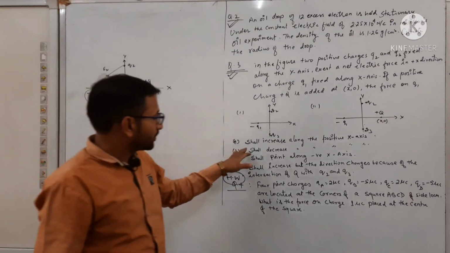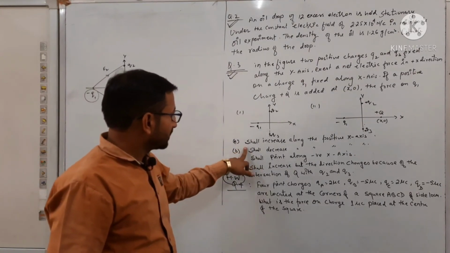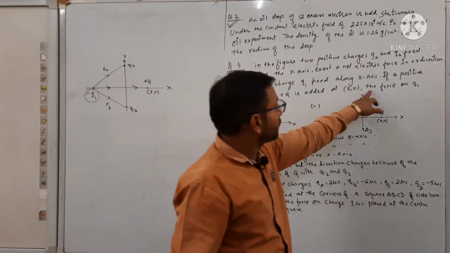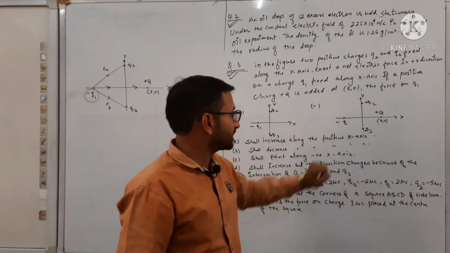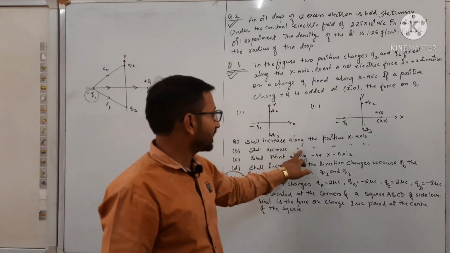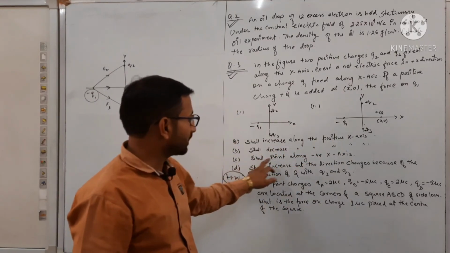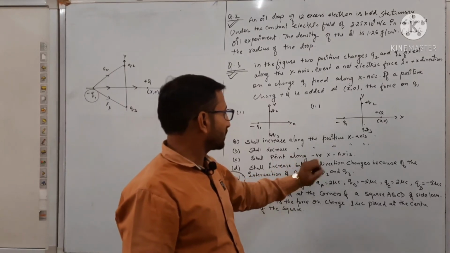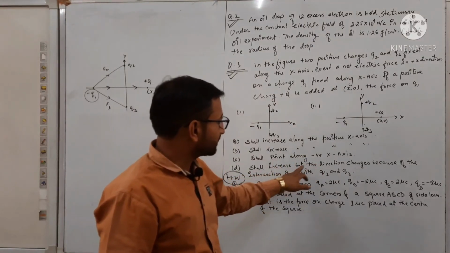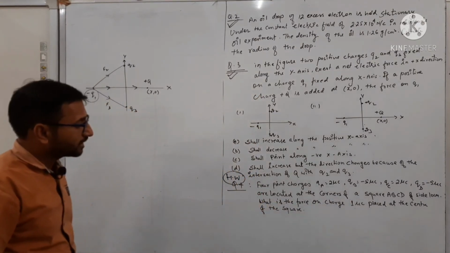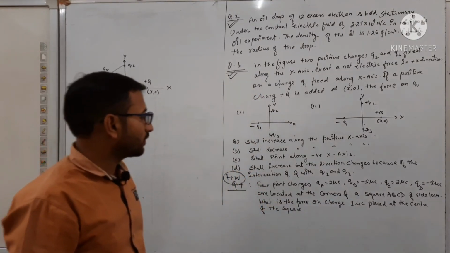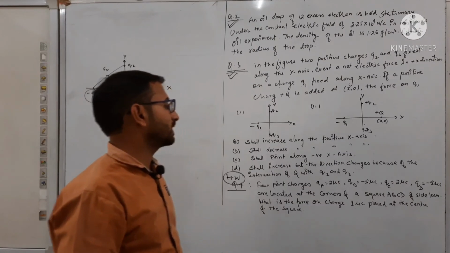So we will pick our option. He said the force on Q1 shall increase along the positive x axis, shall decrease along the positive x axis, shall point along the negative axis, or shall increase but the direction changes because of the interaction of q with Q2 and Q3.